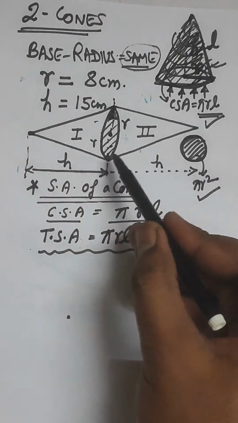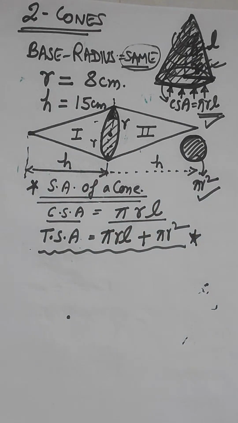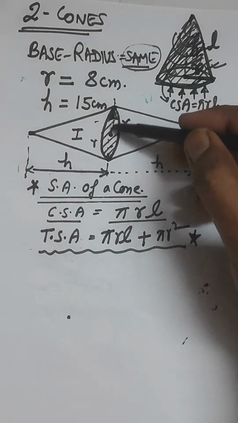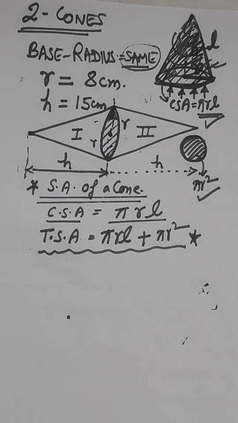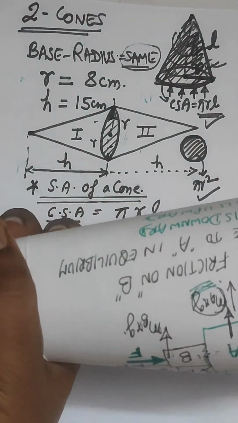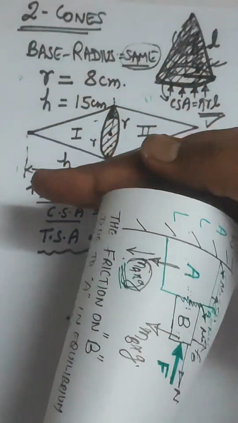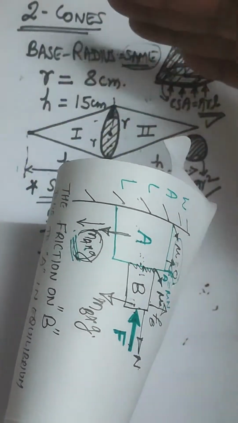Here the cones are attached back to back, right? Since the cones are attached back to back, that means with their bases, the base area will be hidden, isn't it? Think like that. If the cone is like this, then definitely from the back end another one is attached like this, right?